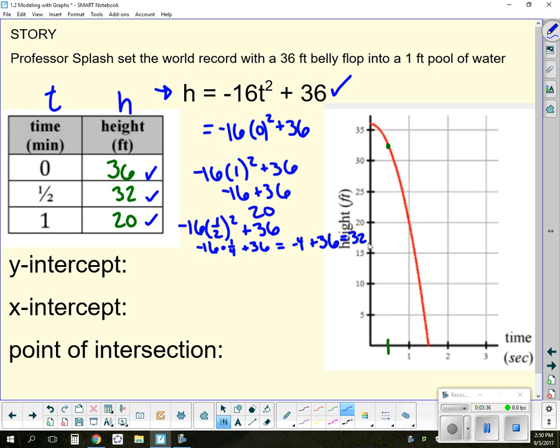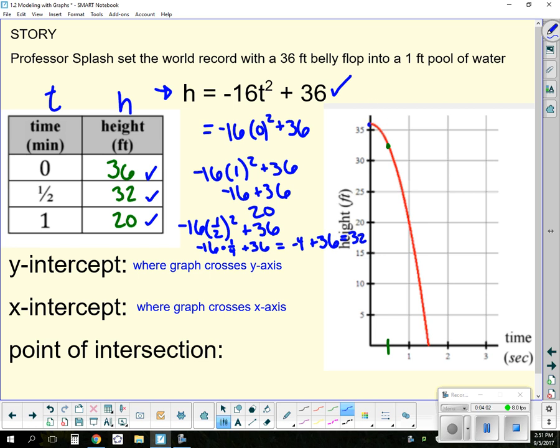Okay? Remember what an x-intercept is? It's where the graph crosses the y-axis. I'm sorry, did I say x-intercept? The y-intercept is where the graph crosses the y-axis. And very similarly, the x-intercept is where the graph crosses the x-axis. So in our graph, here is your y-axis.